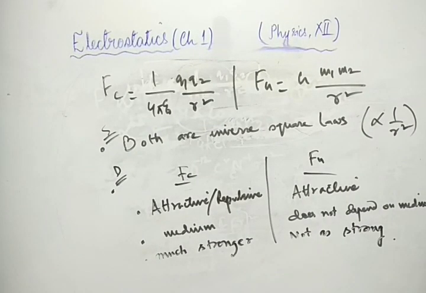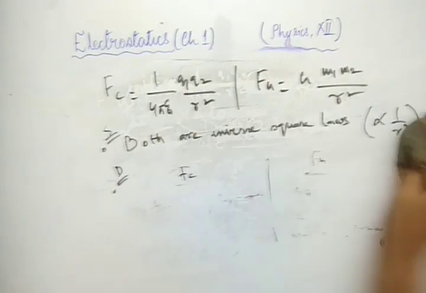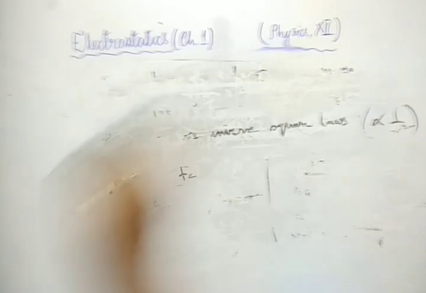That's all. Now let's see the vector form of Coulomb's law, and also remember the limitations of Coulomb's law. First of all, there should be point charges and rest charges.